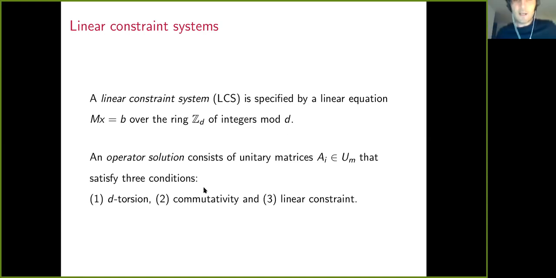There's a certain commutativity condition, which I will explain in more detail. And there is the linear constraint, which comes into play as a multiplicative form of the linear equation. So this is going to be the main object of study of the talk.